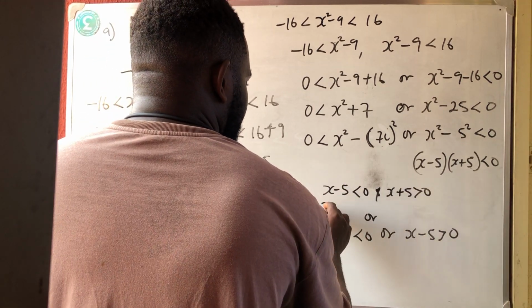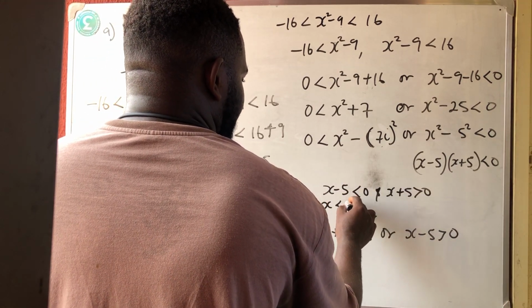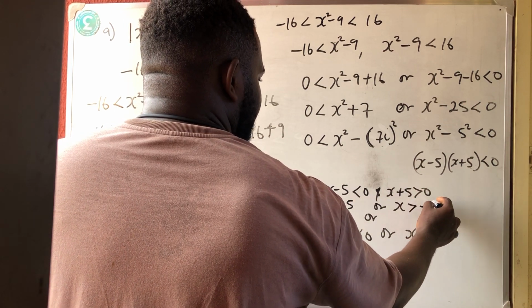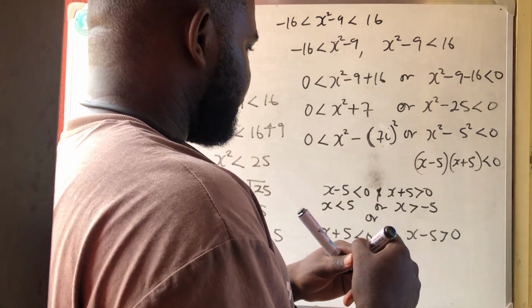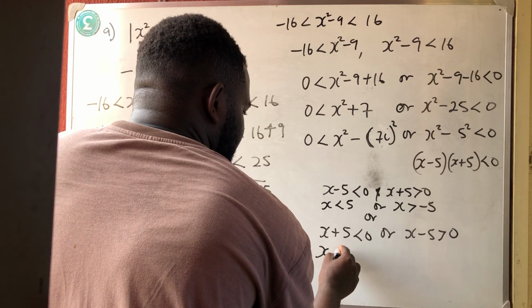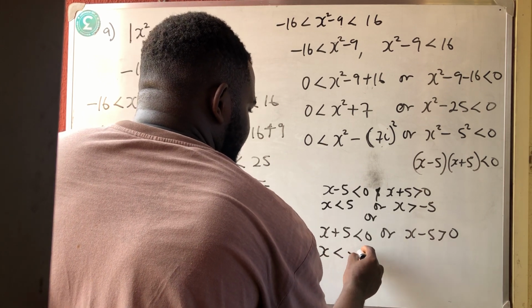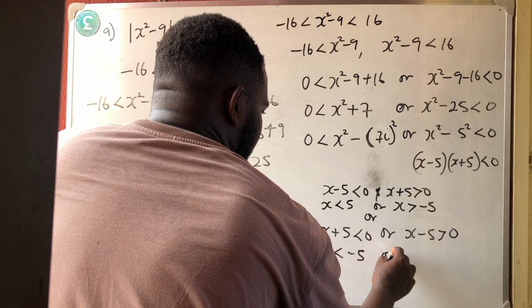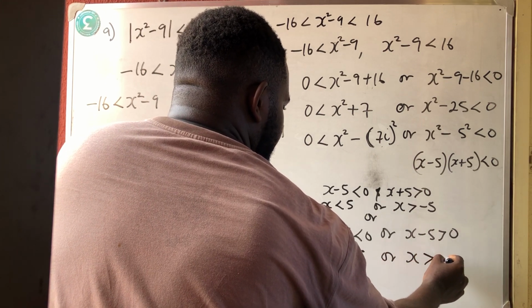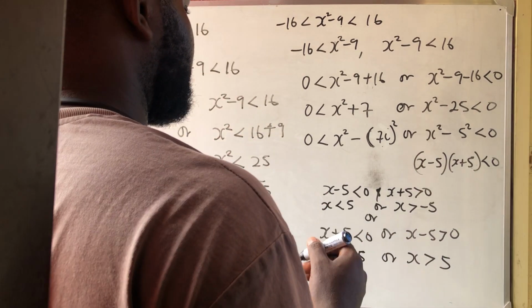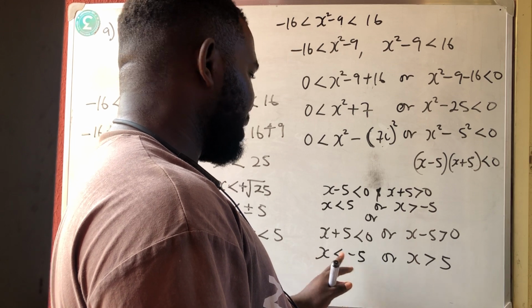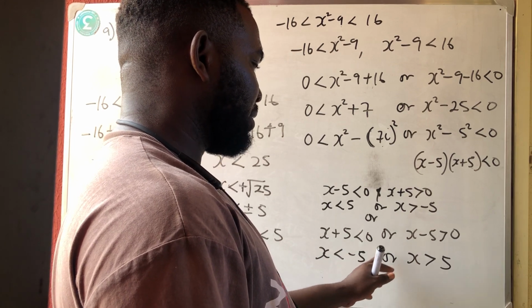So I can say that x is less than 5 and x is greater than minus 5. But for the other one, I'll have that x is less than minus 5, or x is greater than 5. Let us analyze this.